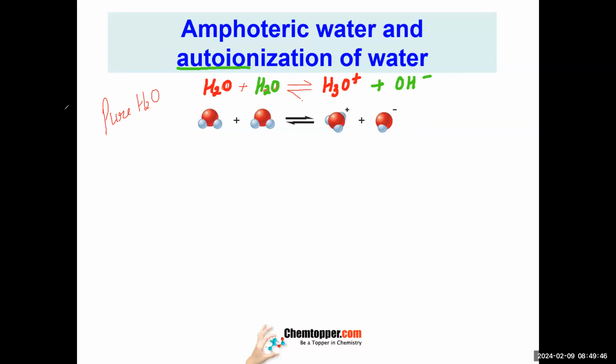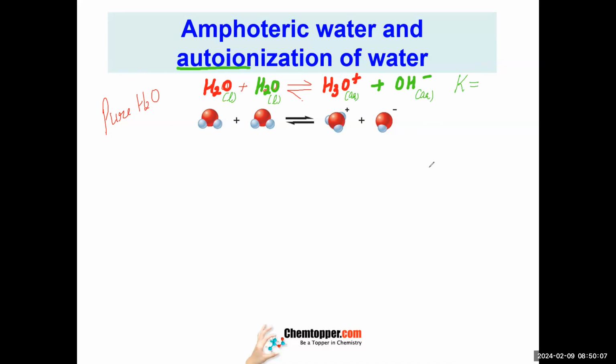Now you already know that this water is a pure liquid, but these are aqueous. If I ask you to write down the equilibrium expression for this, what's the equilibrium expression, children?